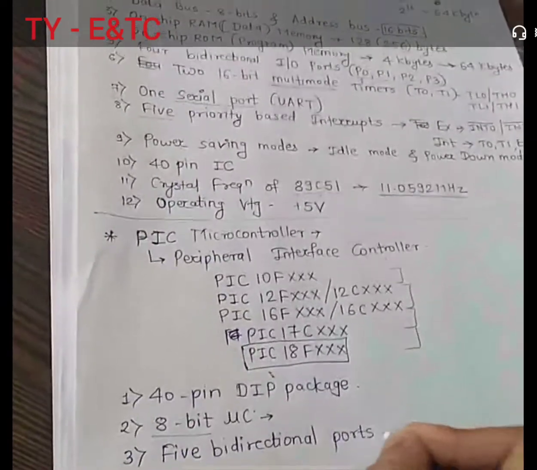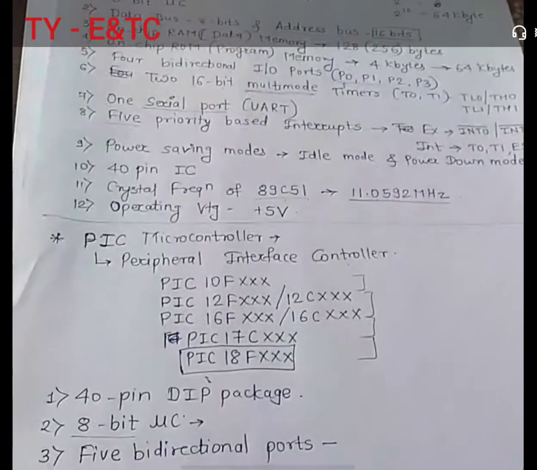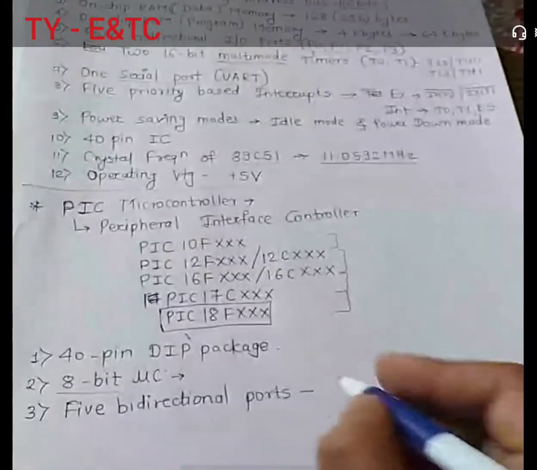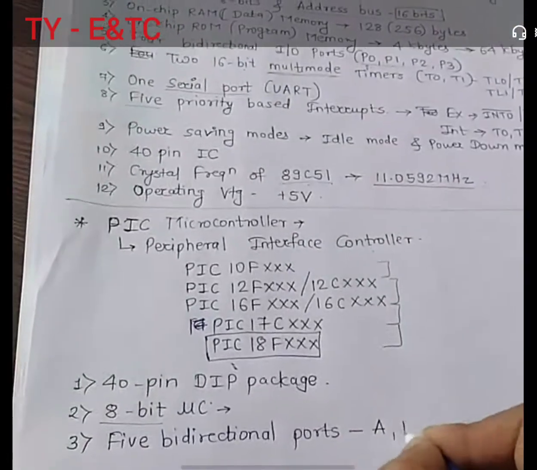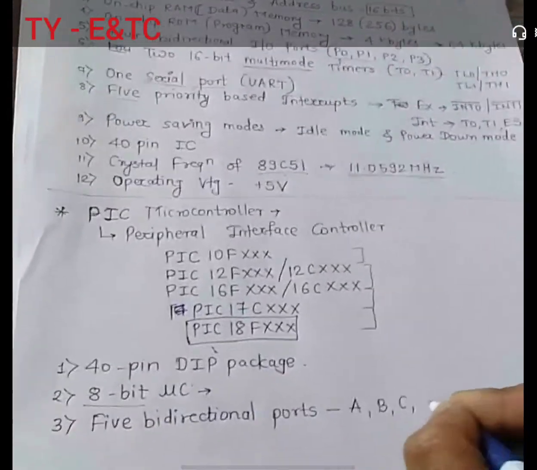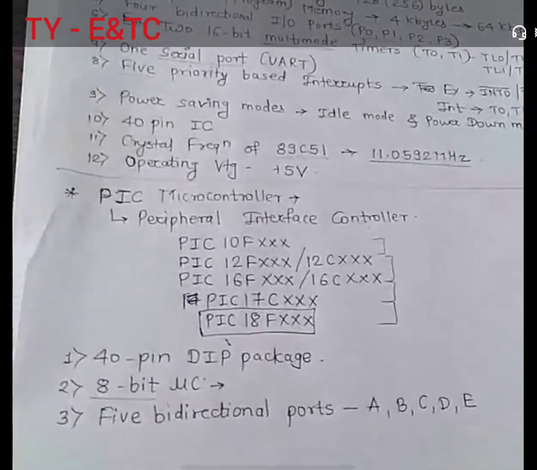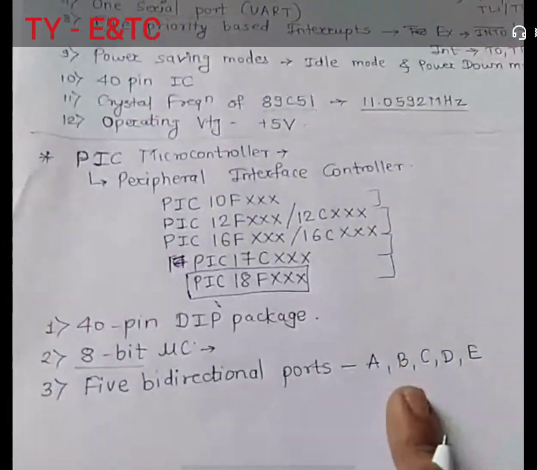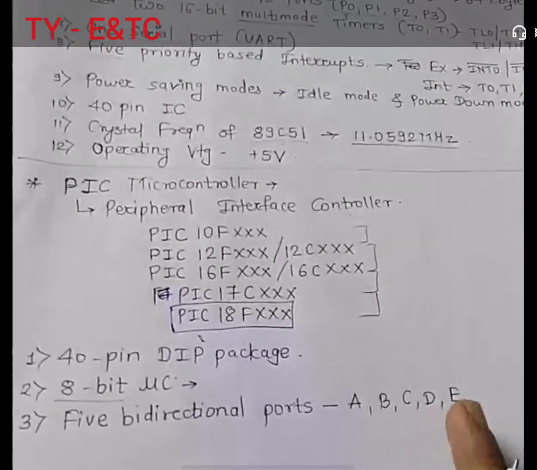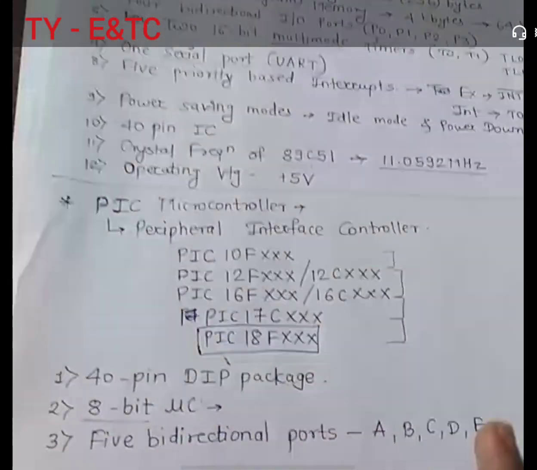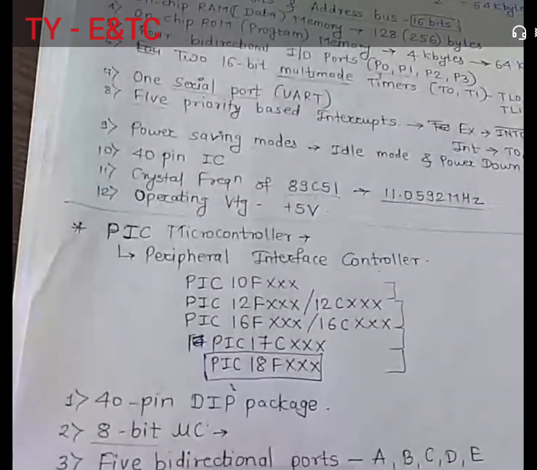In 89C51 we have seen only 4 ports, but in this we have 5 ports: port A, port B, port C, port D, and port E.